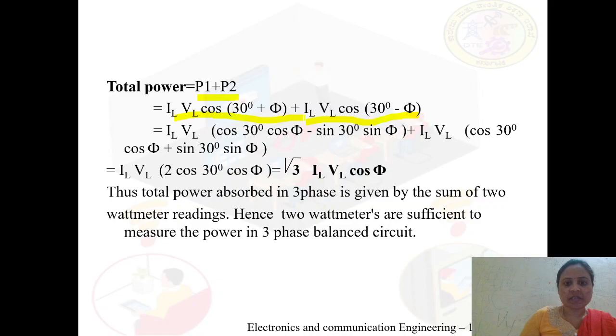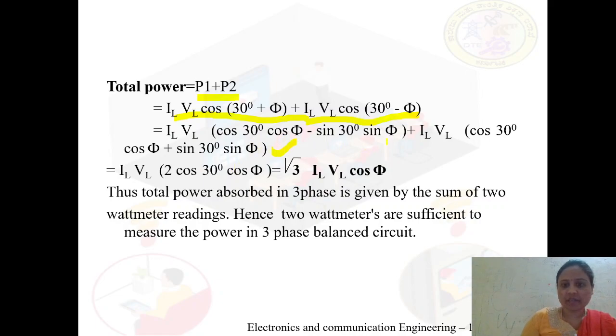Let us simplify, treating them as cos of A plus B and cos of A minus B. The trigonometric function cos of A plus B is cos A cos B minus sin A sin B, and similarly cos of A minus B is cos A cos B plus sin A sin B. Accordingly we have written this expression.